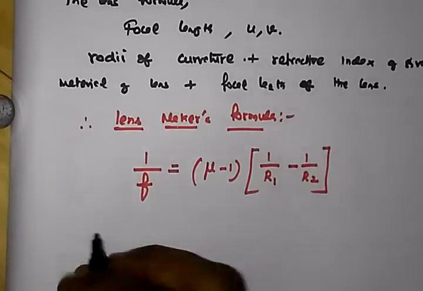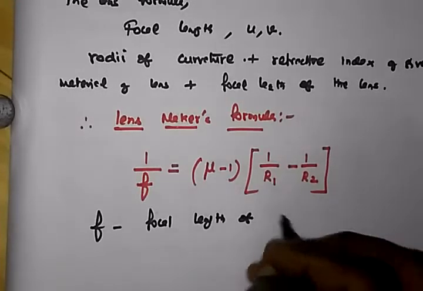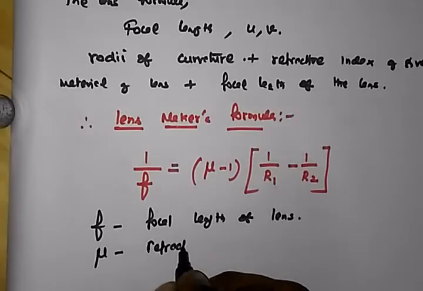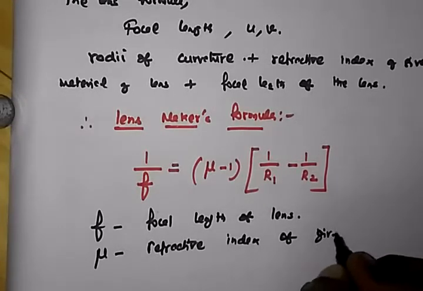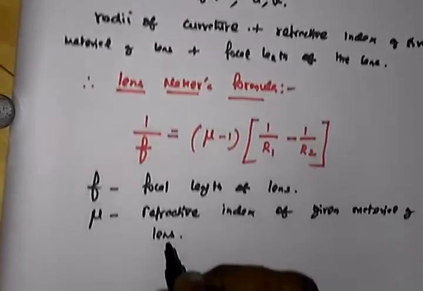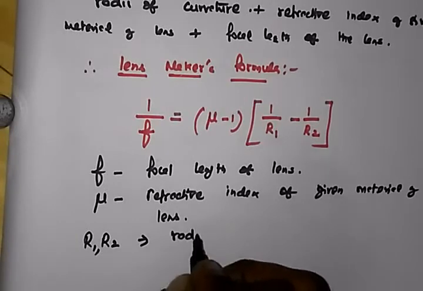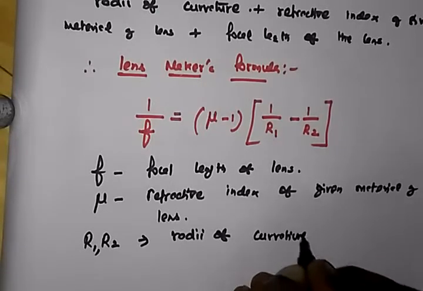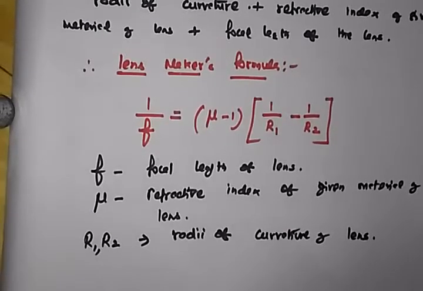So here what is this? f is the focal length of lens, mu is the refractive index of the given material of lens, R1 and R2 are the radii of curvature of lens.